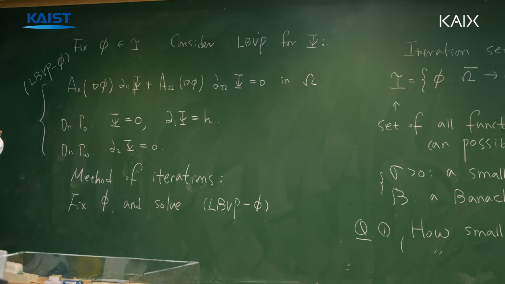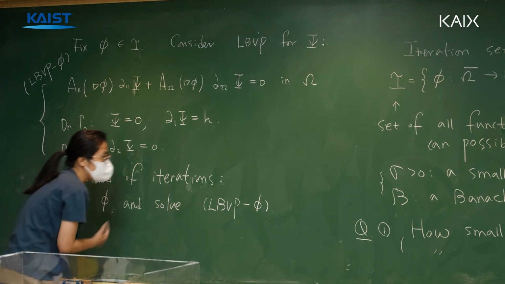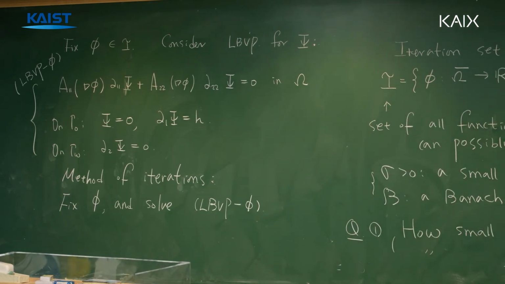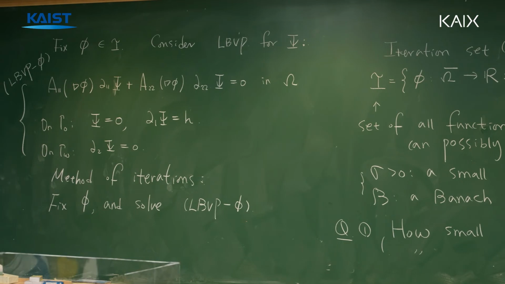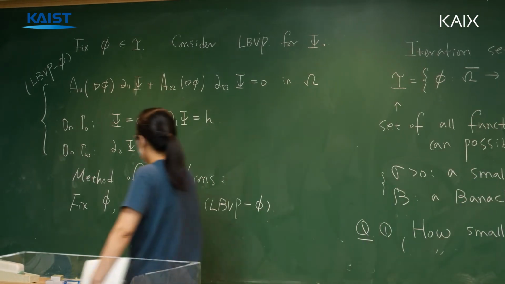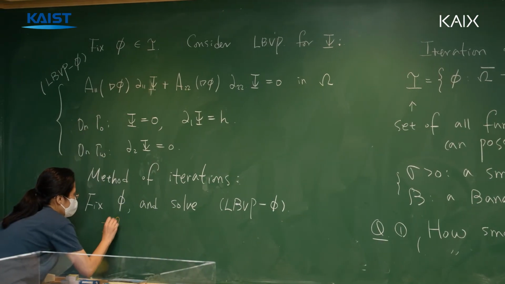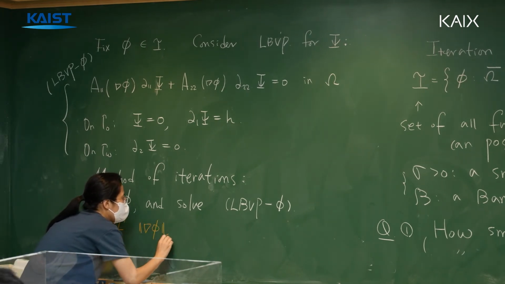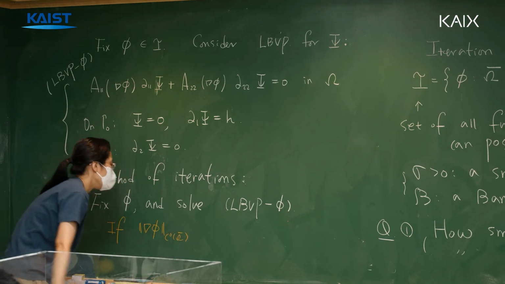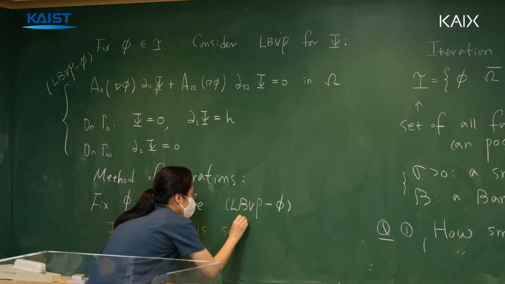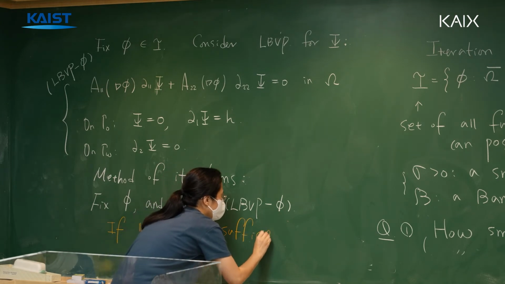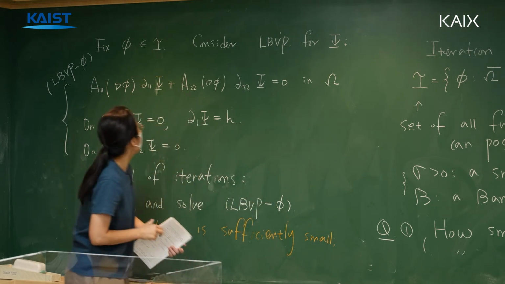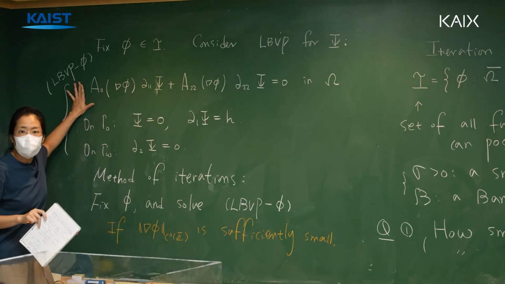Here the thing is the following, based on what we have learned for the last 2 or 3 days. This is what I want to say. If the gradient of phi is sufficiently small, then like I said, this equation is going to be hyperbolic.